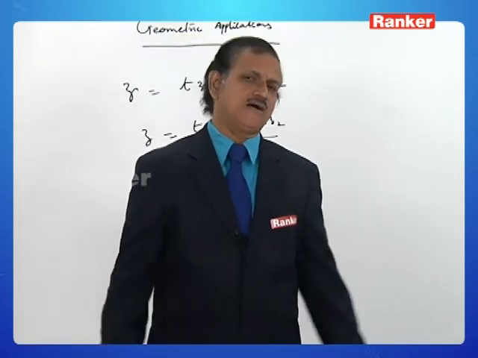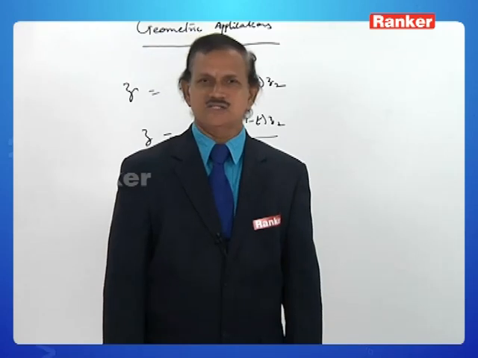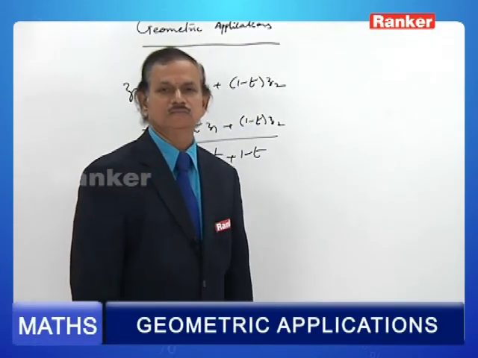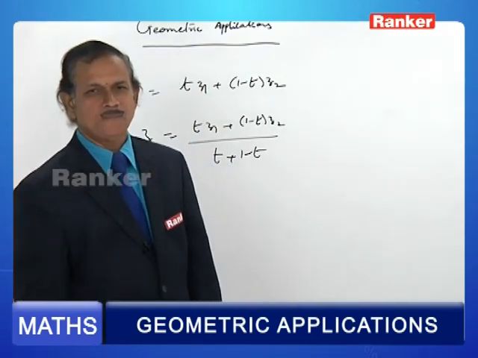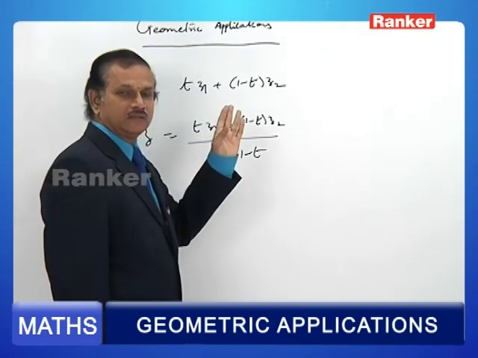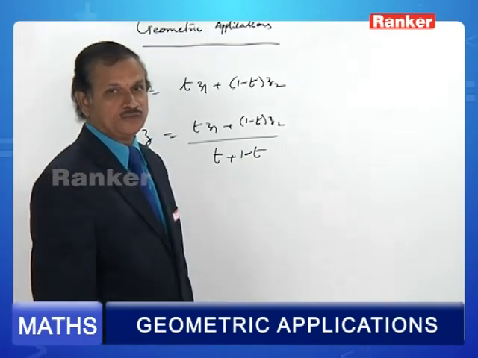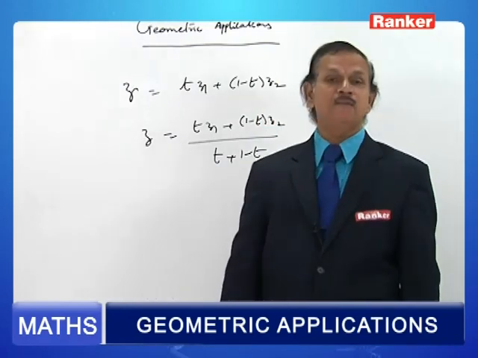Of course, without using the parameter also you'll be able to have the equation of a straight line in terms of complex numbers joining 2 points z1 and z2. Later on we shall judge. So this is the equation of a straight line joining the two complex numbers z1 and z2 with parameter t.